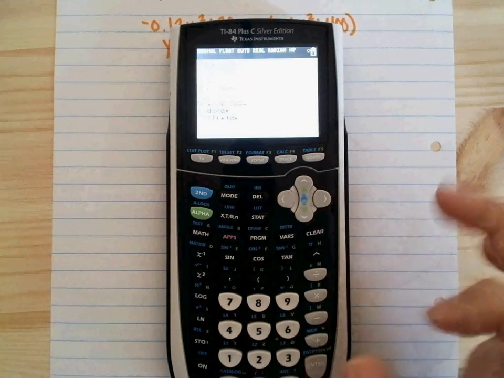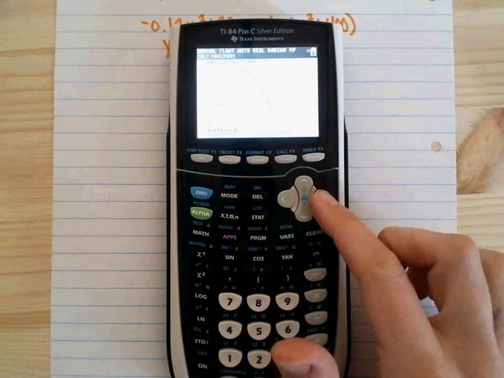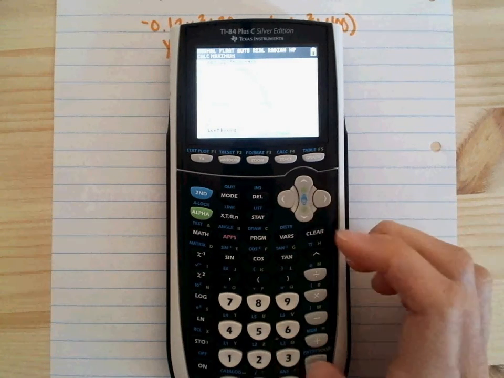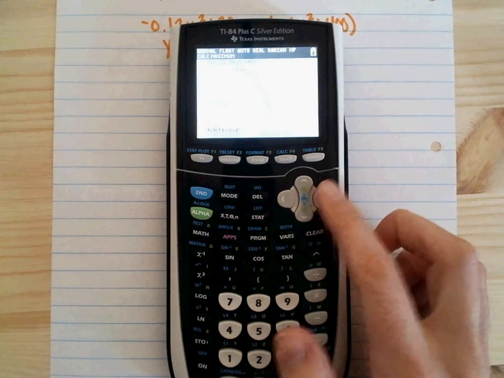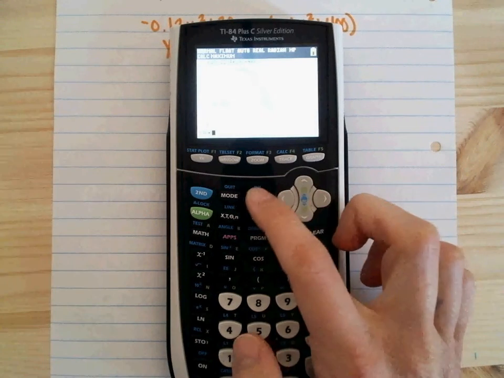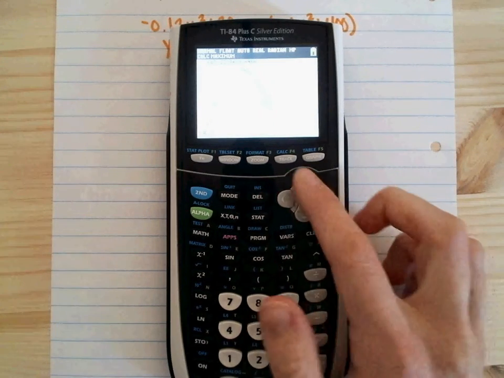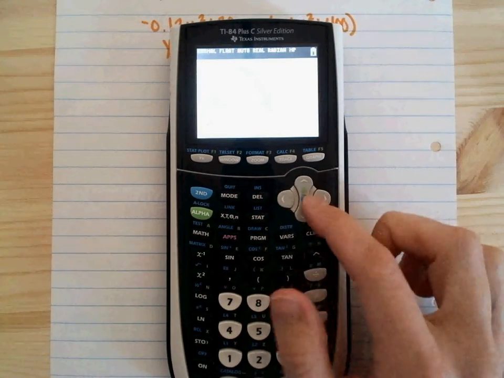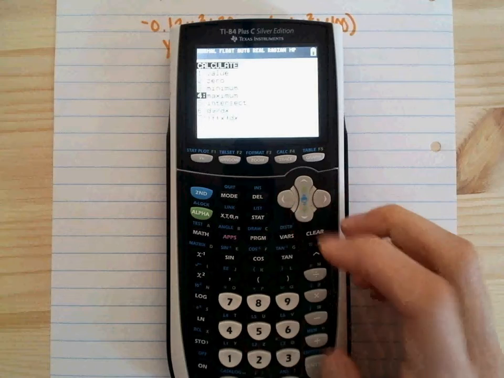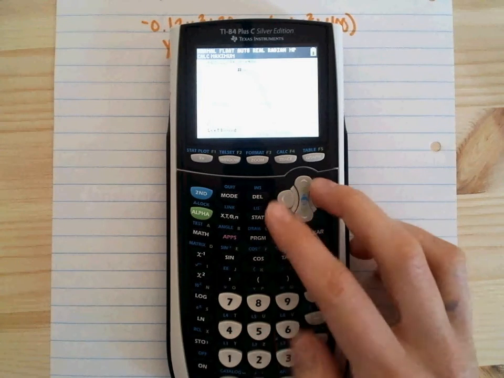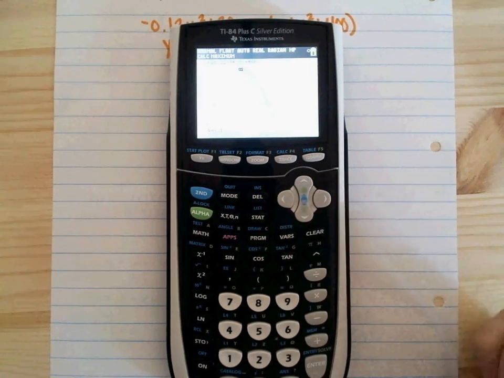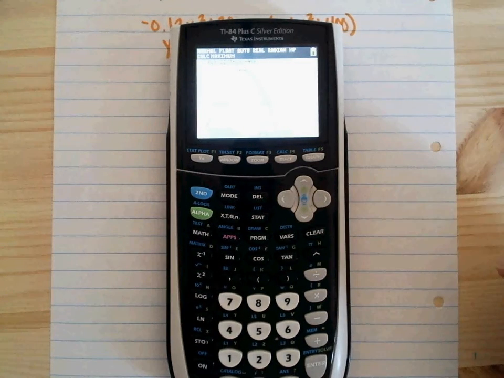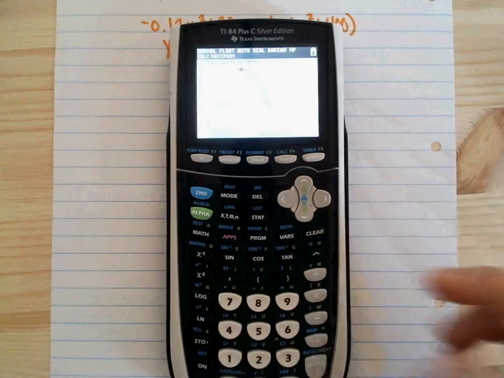So I'm going to do that first, and I'm going to choose a point just to the left of the peak of the graph, and then I'm going to choose a point just to the right of the peak of the graph. And it tells me that the vertex is at x equals 68.18 and y equals 622.72.